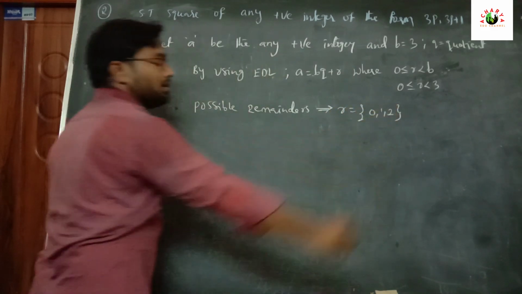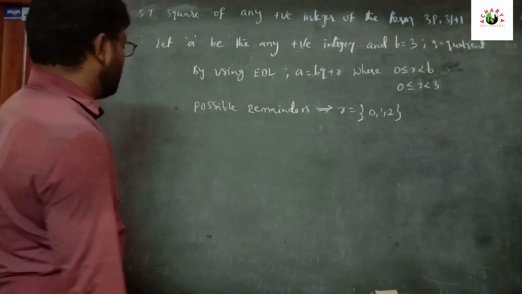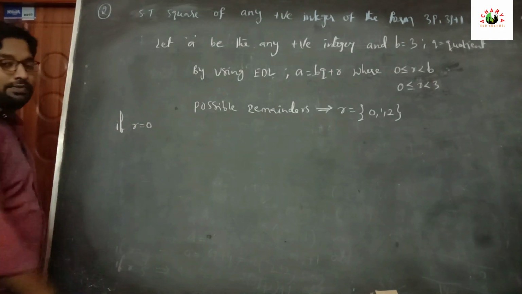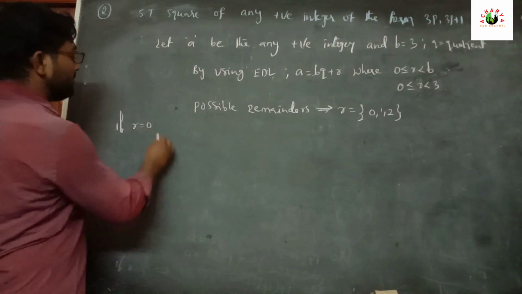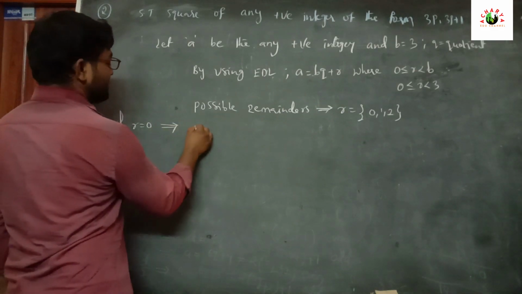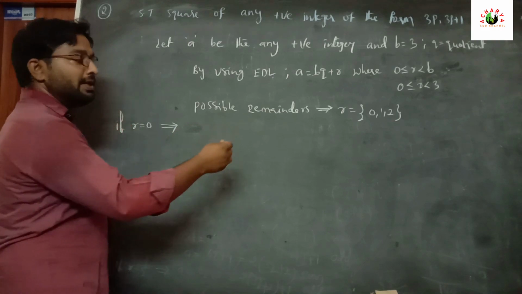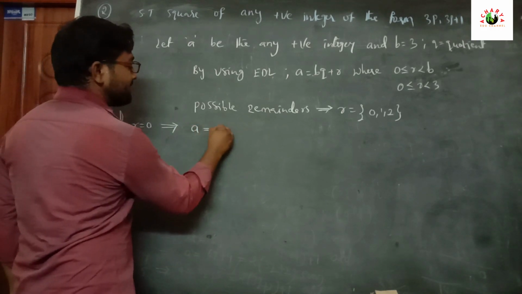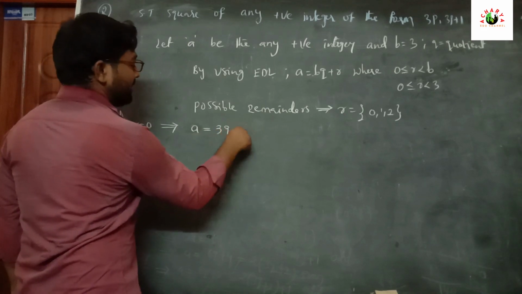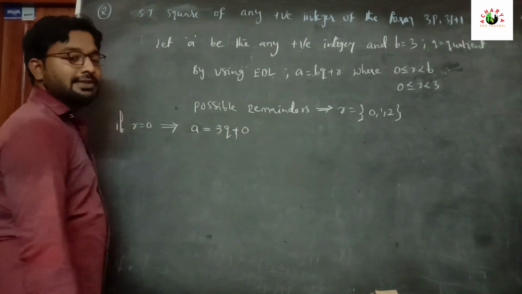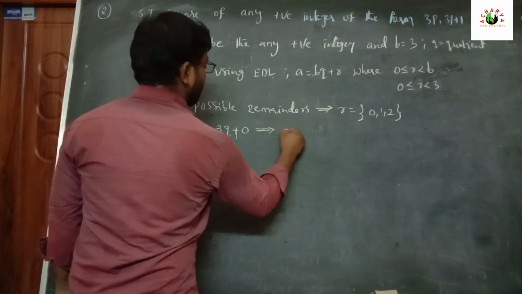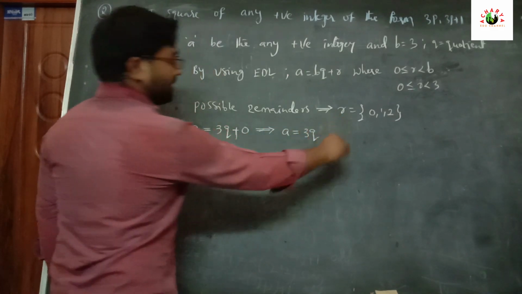Now, in the first case, if r is equal to 0, the same condition a = bq + r. The value of b is 3 and the r value is 0. So a is equal to 3q.